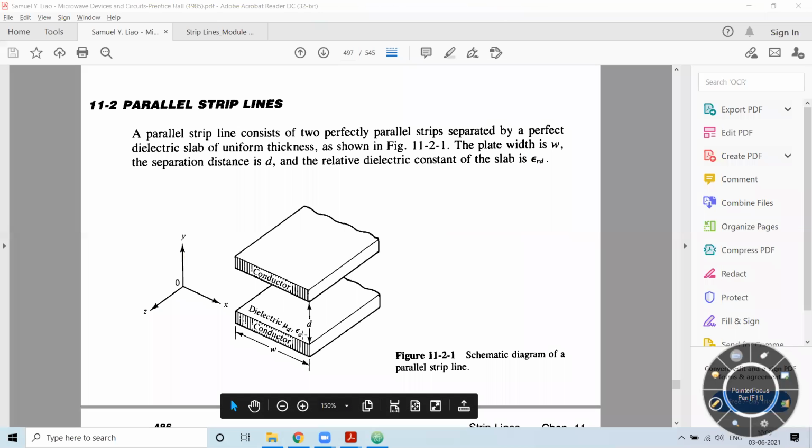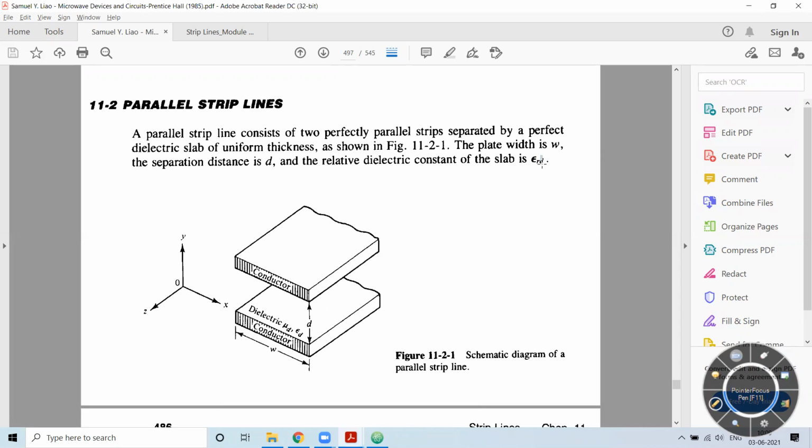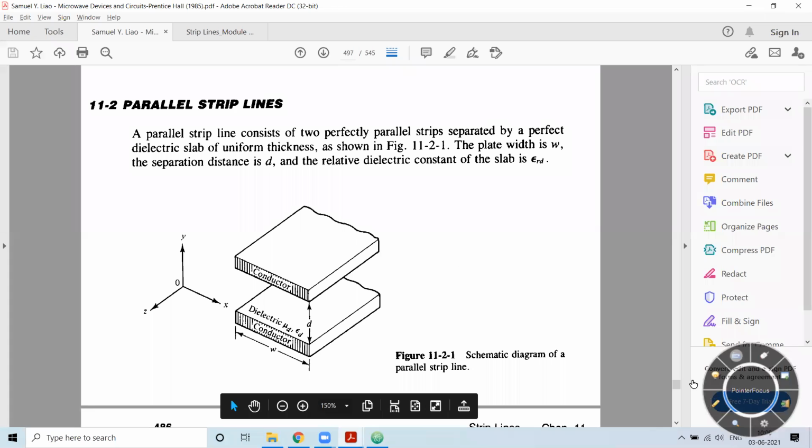Otherwise this is mu, this is epsilon, and this is epsilon R, and epsilon is equal to epsilon naught into epsilon R. So when I consider the dielectric constant, it carries the subscript D just to differentiate it. So this is a parallel strip line.